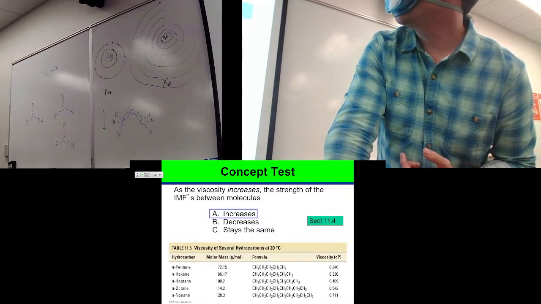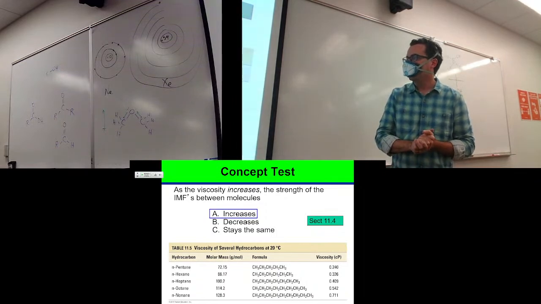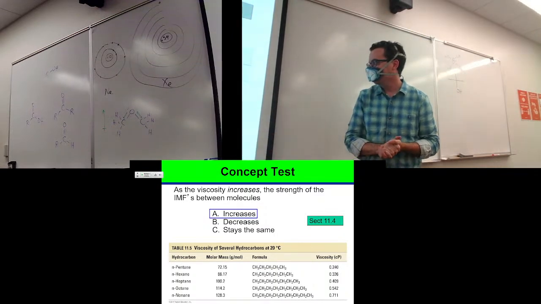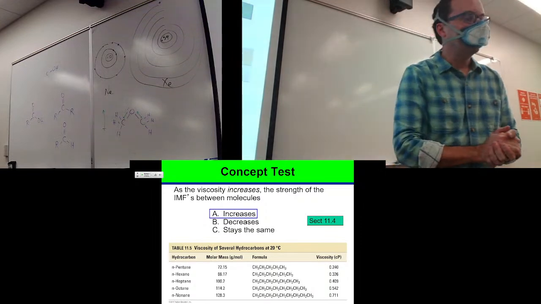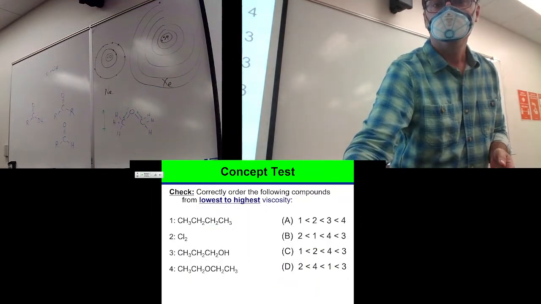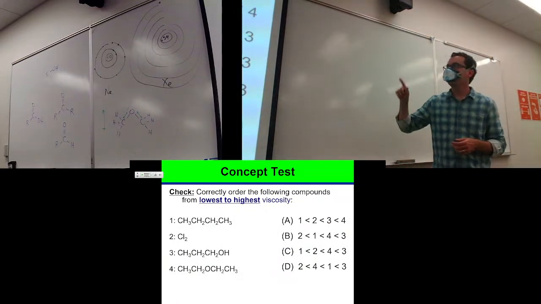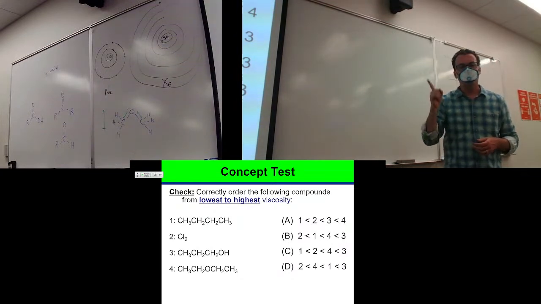Okay, and here's more. These are the hydrocarbons, pentane through nonane, 5, 6, 7, 8, and 9 carbons long, and the viscosity is increasing significantly. I won't turn this on because we're running out of time, but this is exactly the same question as we saw before, but instead of asking which has the higher boiling point, this is asking which has the highest viscosity.